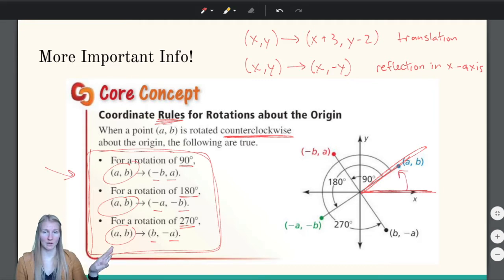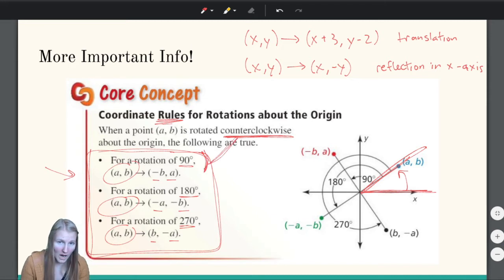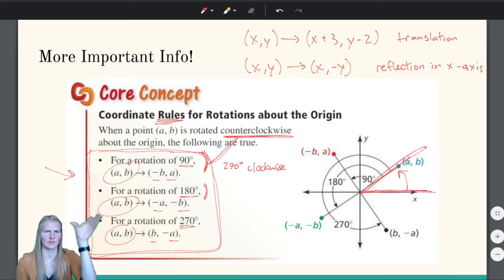So we'll go counterclockwise. Now, for those of you that want a little bit more of a challenge, you can think about this. A 90-degree rotation counterclockwise is the same thing as a 270-degree rotation clockwise. A 180-degree rotation doesn't matter whether it's clockwise or counterclockwise, right? It's the same.